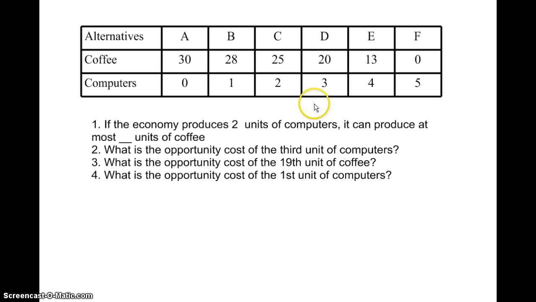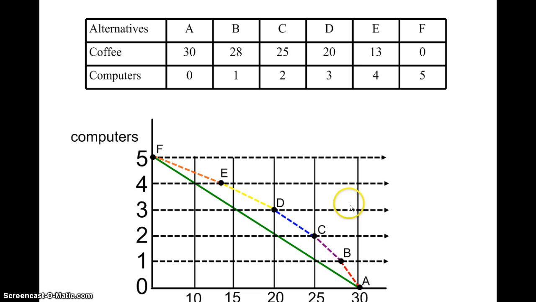What about the 19th unit of coffee? That one seems a little trickier, right? What is the opportunity cost of the 19th unit of coffee? We have 13, then we have 20. How do we know what the opportunity cost is of the 15th or 16th unit? Well, look back to here. Remember, between 13 and 20, this is a constant slope line.